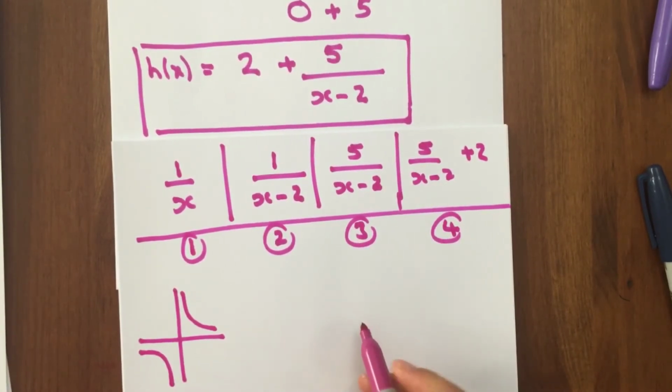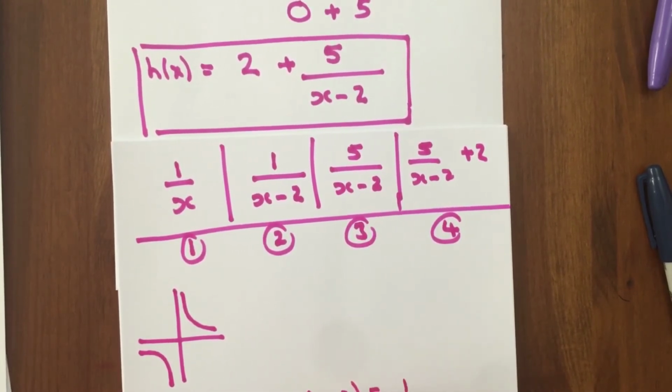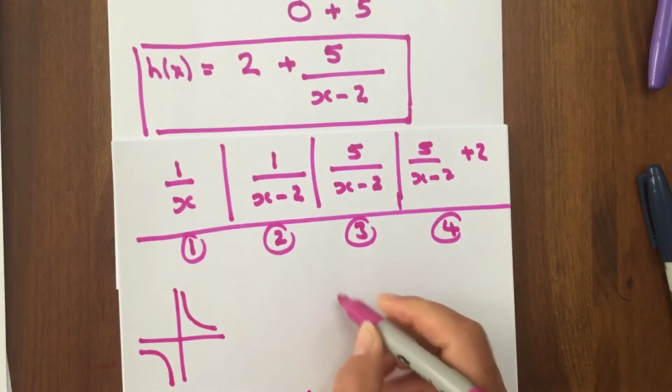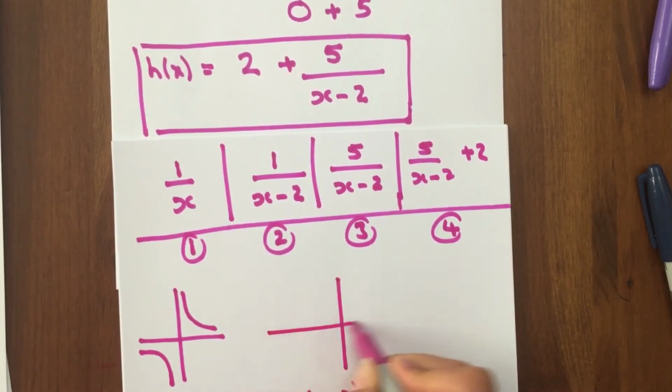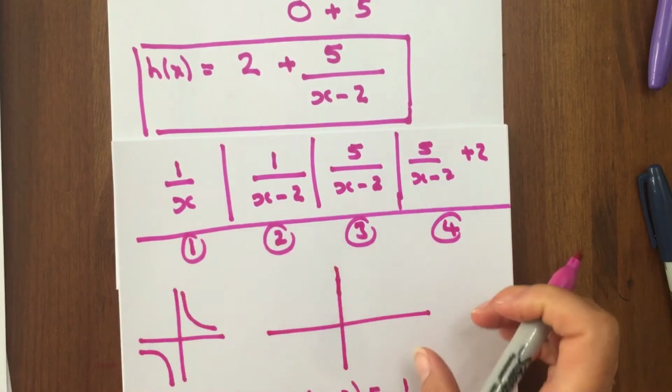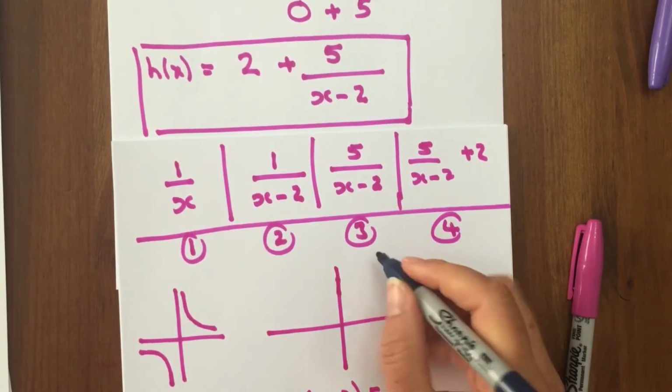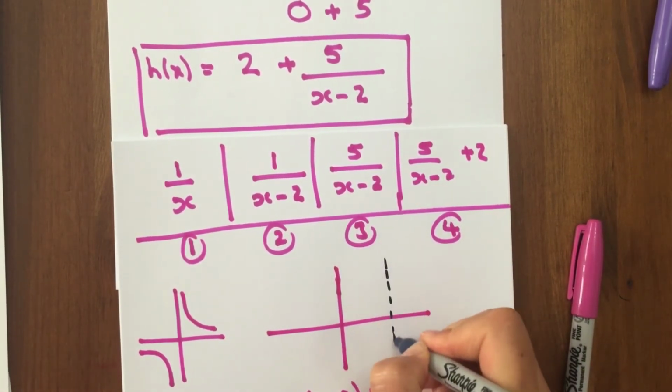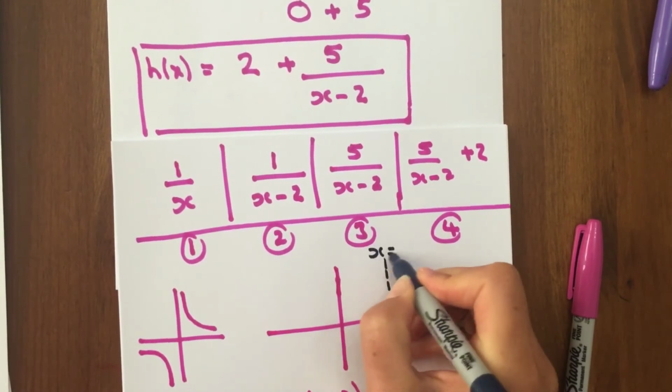Now, to go from stage 1 to 2, I'm now doing f of x minus 2. Yeah, that would be this. So how do I get from f of x to f of x minus 2? Well, the whole graph will shift 2 to the right. I just pick it up and move it 2 to the right. So now my asymptote will be here at x equals 2.